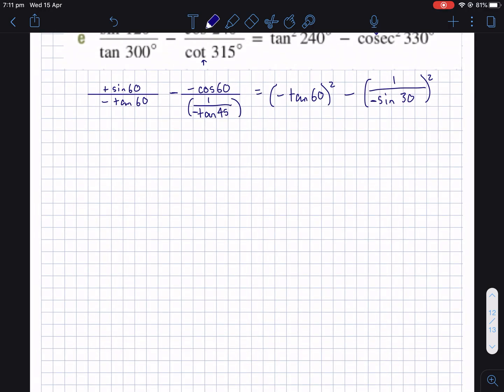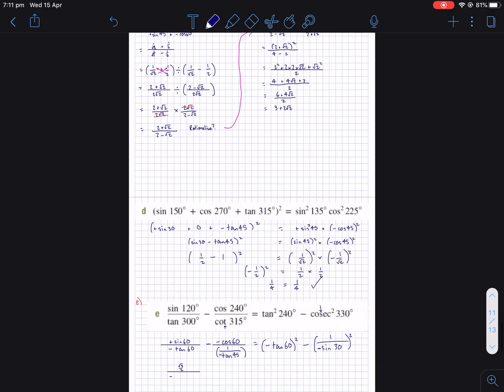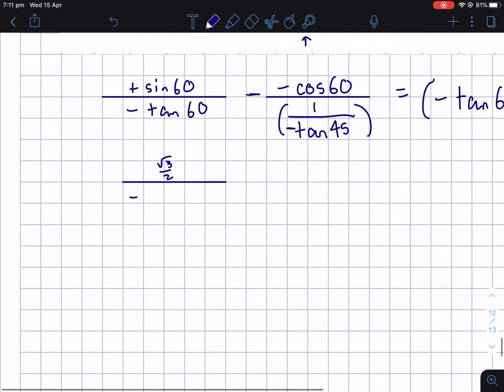Sine 60 was the same as root 3 on 2. We're doing it over negative tan 60. And tan 60 was just root 3, wasn't it? Yep. We've got minus.